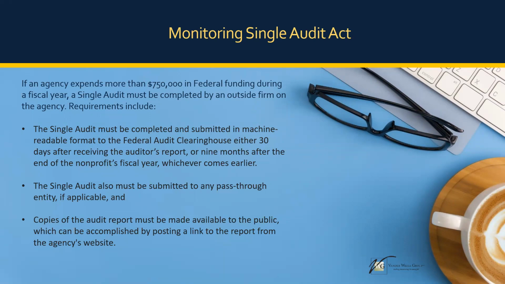And the minute they go past $750,000 in federal funding during a fiscal year, so July 1st through June 30th, a single audit must be completed by an outside firm on the agency. And as the pass-through agency, you are required to ensure that this single audit was done, that it is submitted to you, and that it passes all of the regulatory compliance issues.